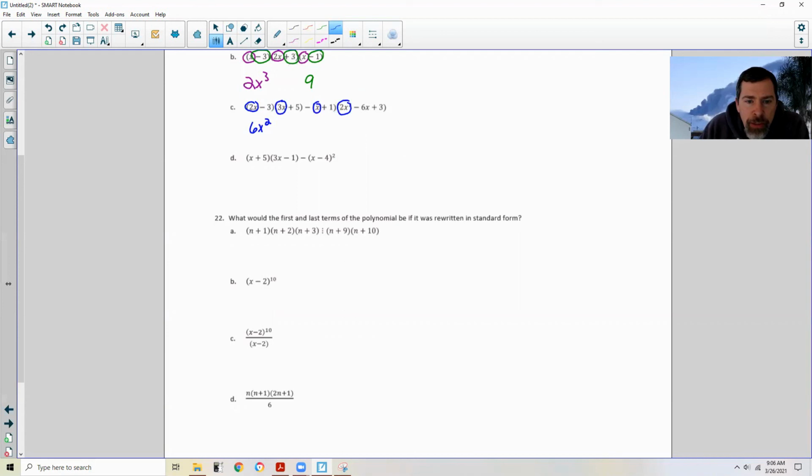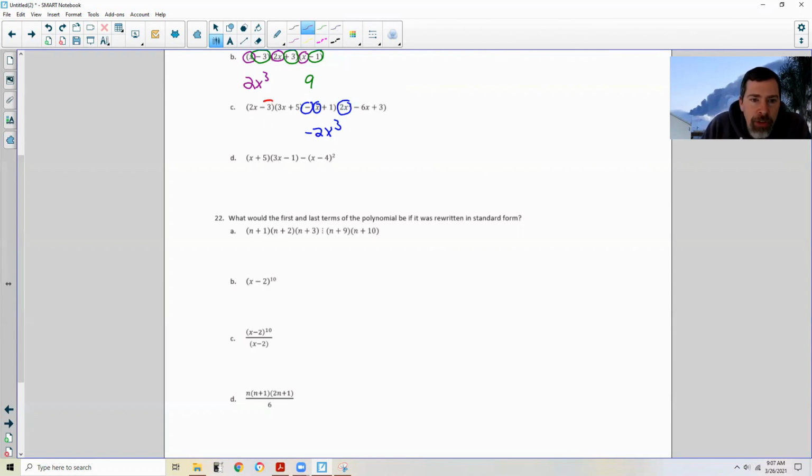That will give me a 2x cubed. Okay, so I'm going to stop right there. I'm going to erase this because that does not have an x cubed. So my first term is 2x cubed, and it's minus, I need to be careful there. It's 0x cubed minus 2x cubed, so it would be a negative 2x cubed. There's my first term. Okay, just be real careful there.